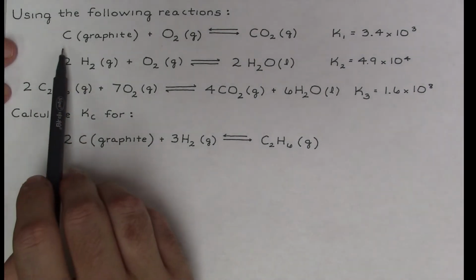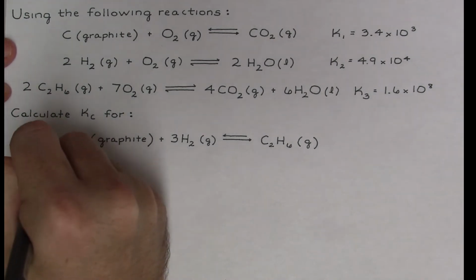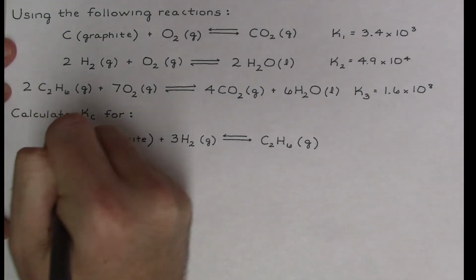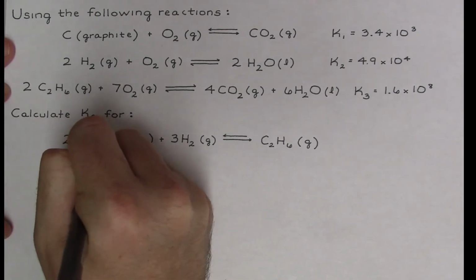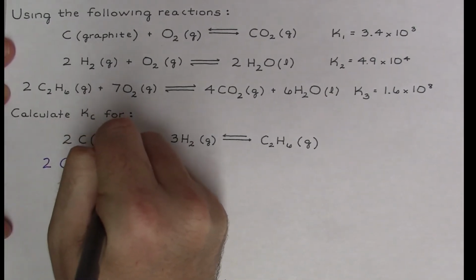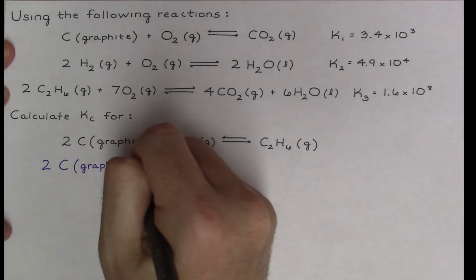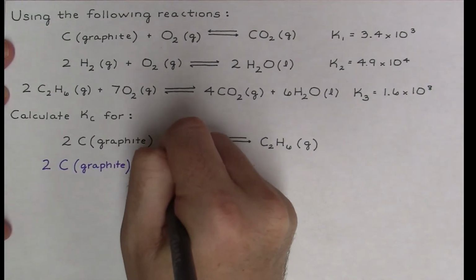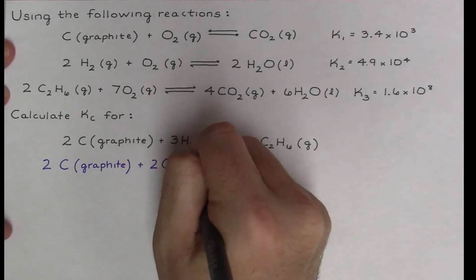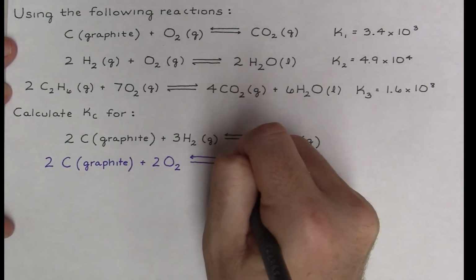So the first thing that we'll notice is that I need 2 graphite, but in my first reaction I only have 1. So it's best for us to multiply all of our coefficients by 2. This will give us 2 carbon in the graphite form plus 2 oxygens going to form 2 carbon dioxide molecules.